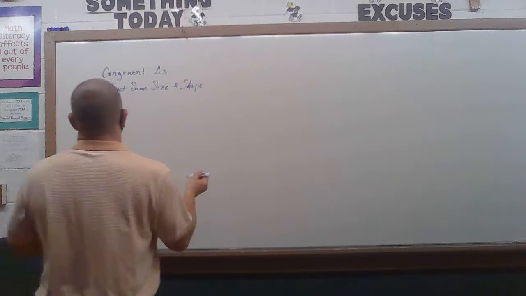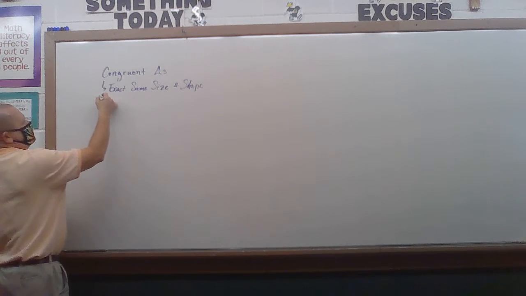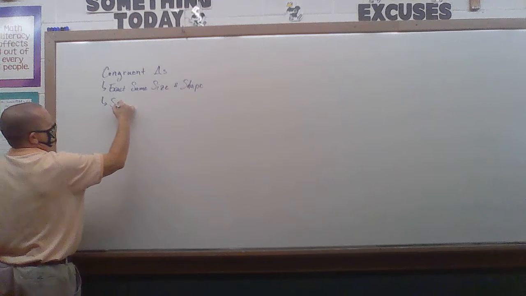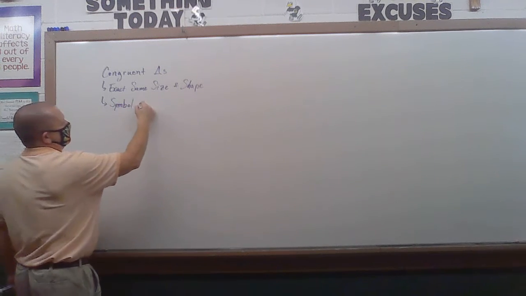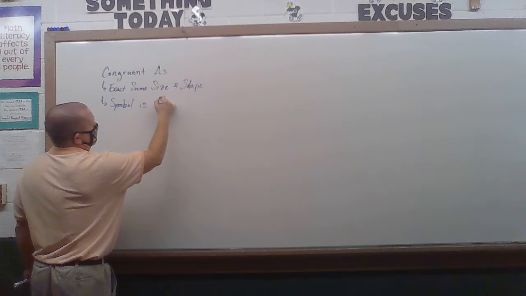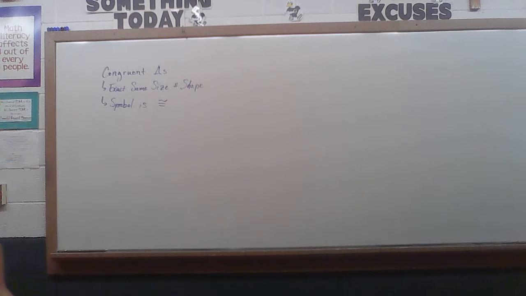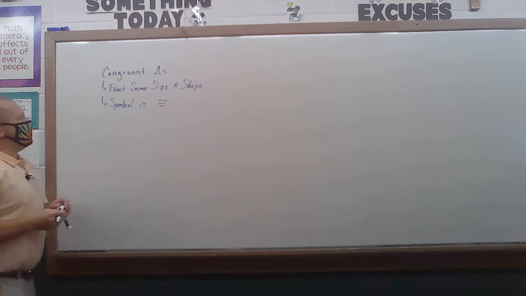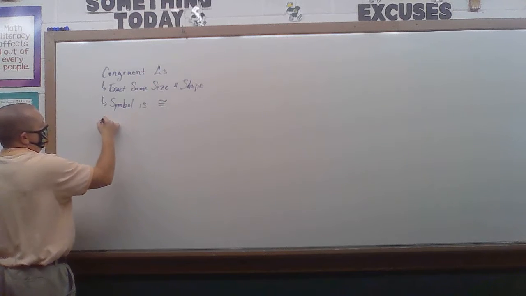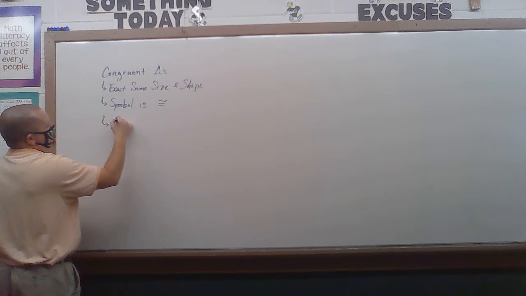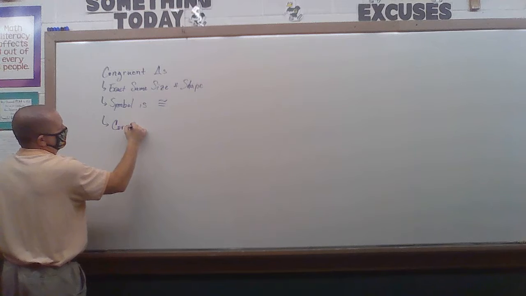Right? So again, to show congruence, we're going to use our symbol of what? What's the congruent symbol? My equal sign with a little squiggly over top again. Okay? And then when we're talking about congruent triangles, we want to look at corresponding parts.